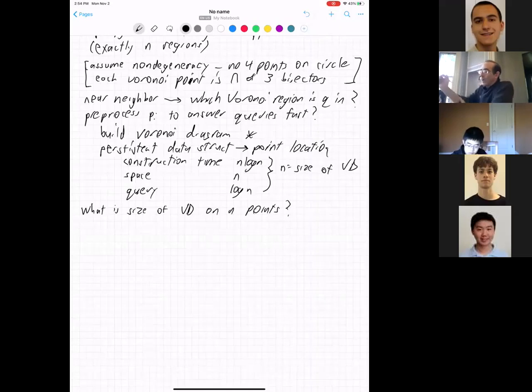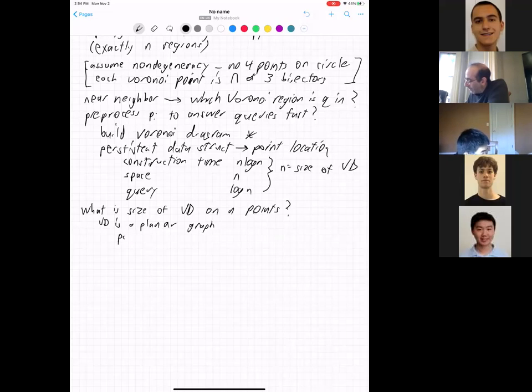Okay. So let me point out to you that the Voronoi diagram is what's known as a planar graph, which is to say that the points are in the plane, and the edges don't cross.